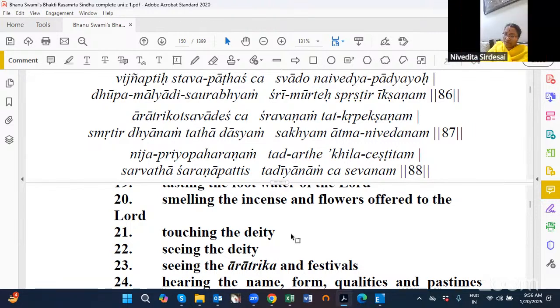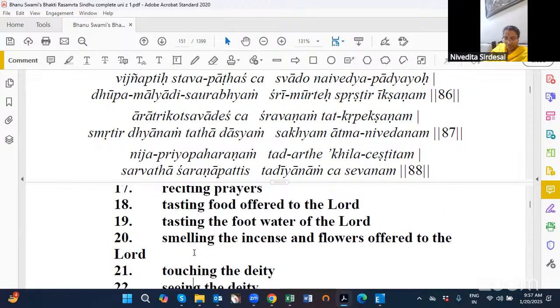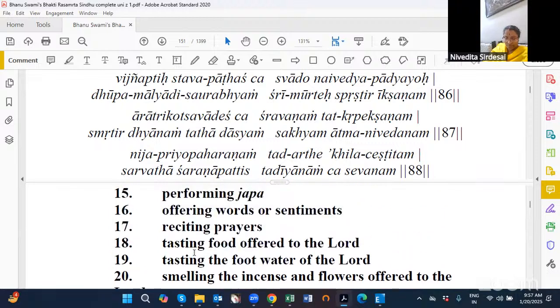So here, now, just see: touching the deities, and then seeing the deity, that everybody can do. Touching the deity, especially in the Garbhagriha, everyone is not allowed. But seeing the deity, everyone can do. How many are there now? 1, 2, 3, 4, 5, 6, 7.